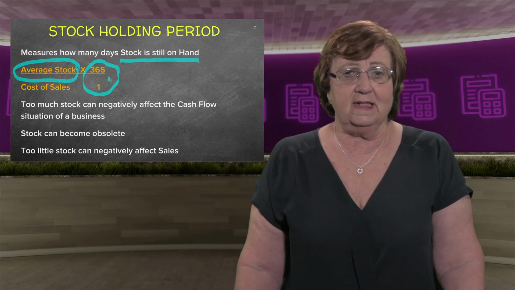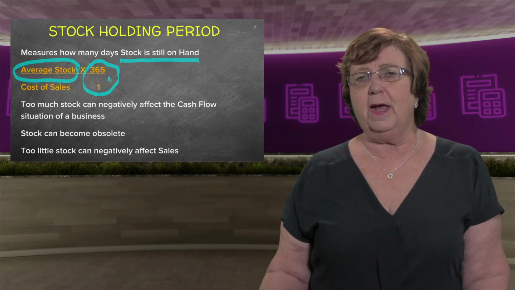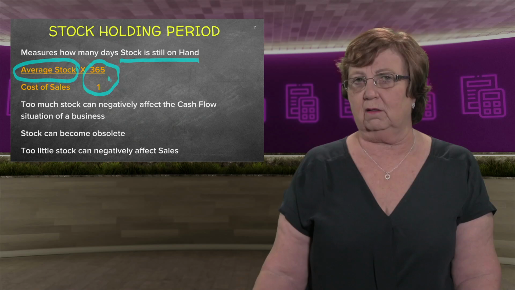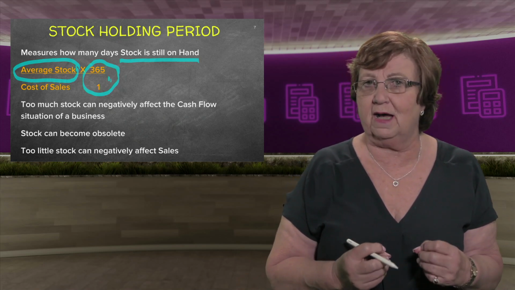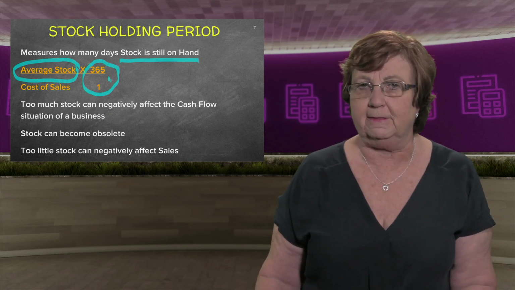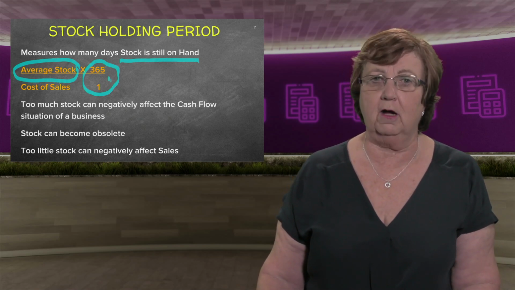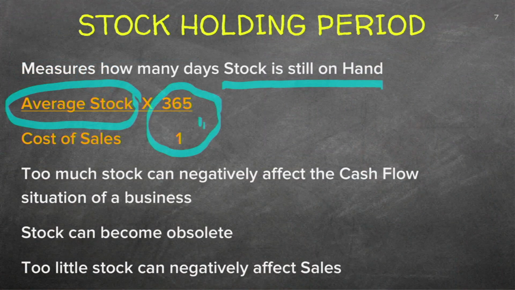So what does this tell us? If we are holding too much stock, we have got too much money tied up in our stock, and we could have a cash flow problem as a result of having too much stock. Stock can also become obsolete.